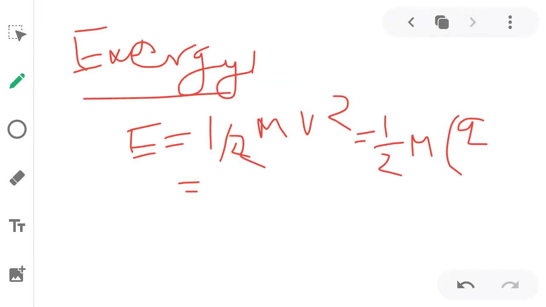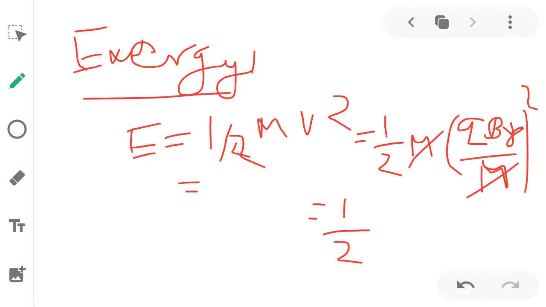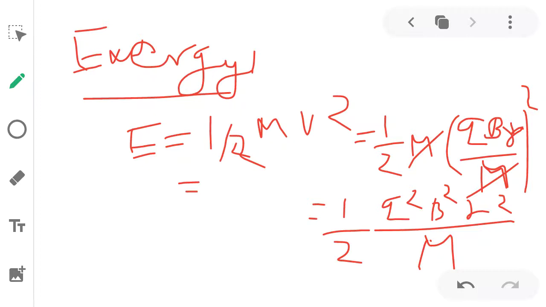So the m will cancel, and we get q square B square r square upon 2m. So this is the energy gained.